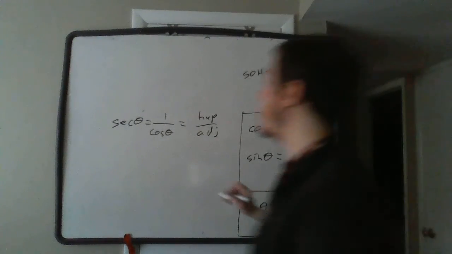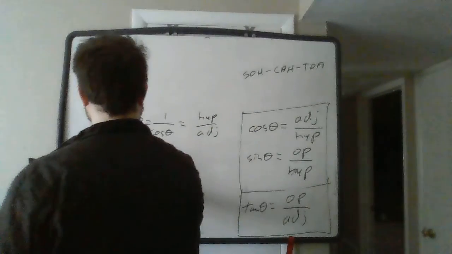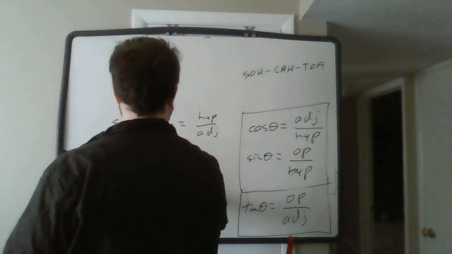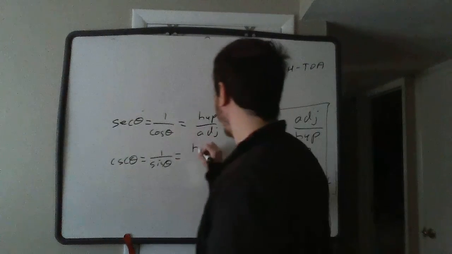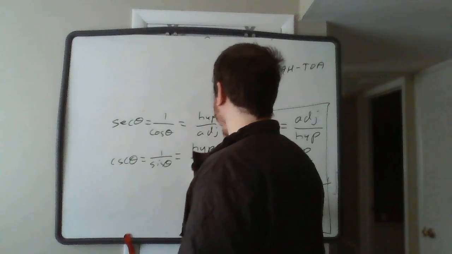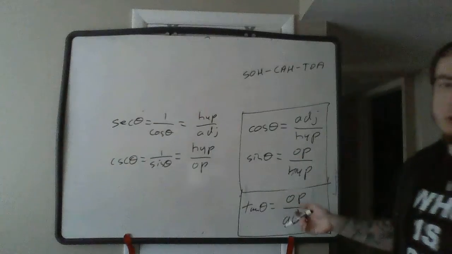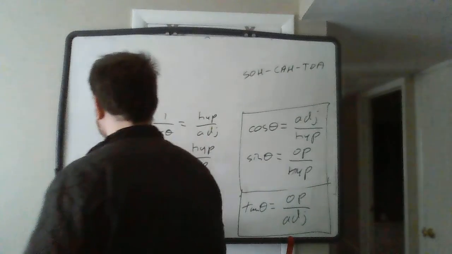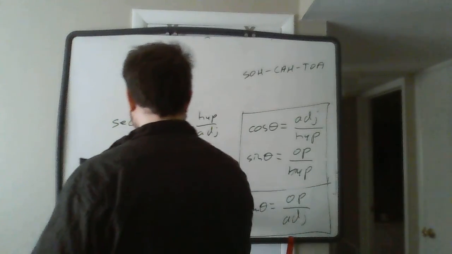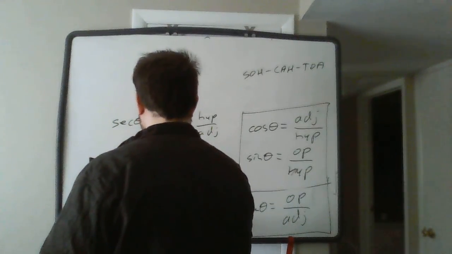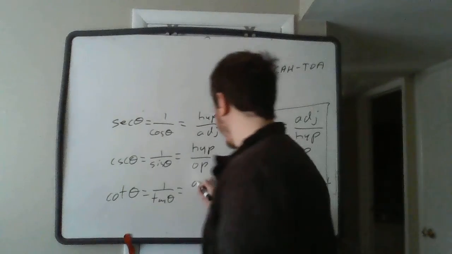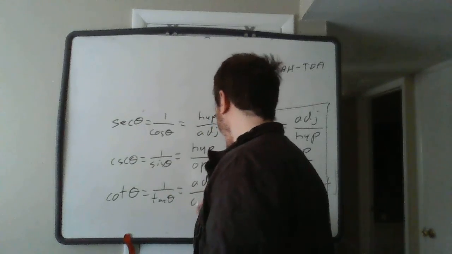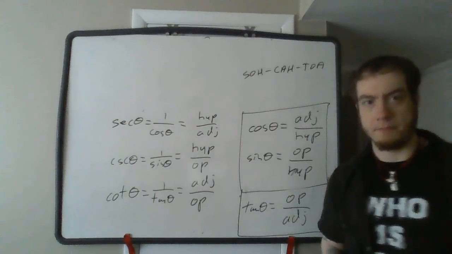If I want to do the cosecant, this is going to be the reciprocal of sine theta. Well, the reciprocal of opposite over hypotenuse is hypotenuse over opposite. And finally, we can do cotangent. That's going to be the reciprocal of tangent theta, and that is, of course, going to be the adjacent side divided by the opposite side.